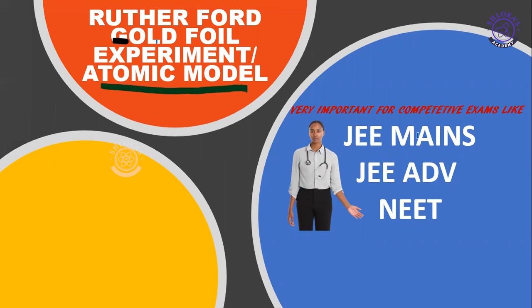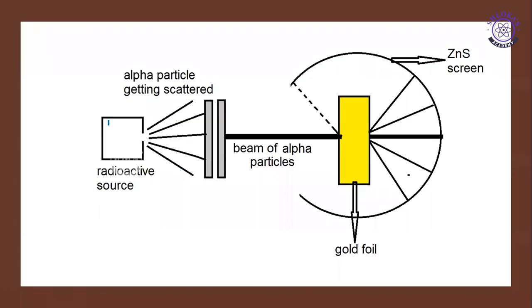Now, it is very important for competitive examinations like JEE Mains, JEE Advanced and NEET also. So here we are going to discuss first the experimental setup. For any experiment you want to discuss, first we should discuss the experimental setup.